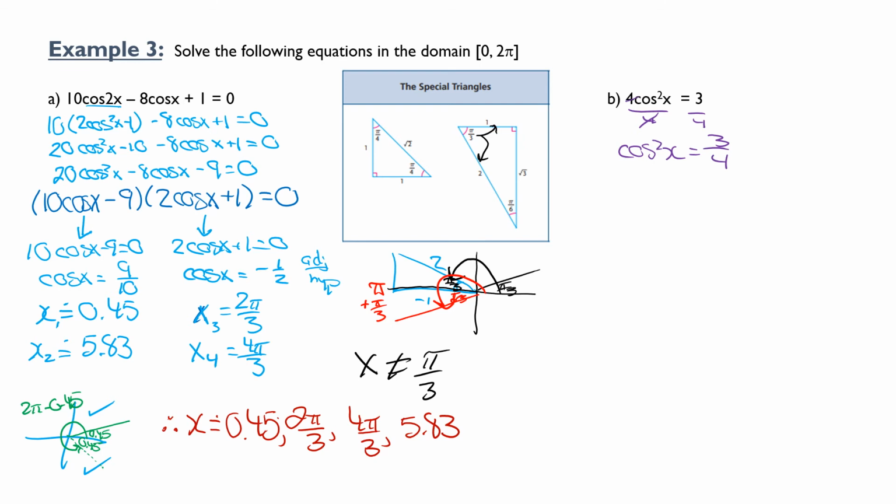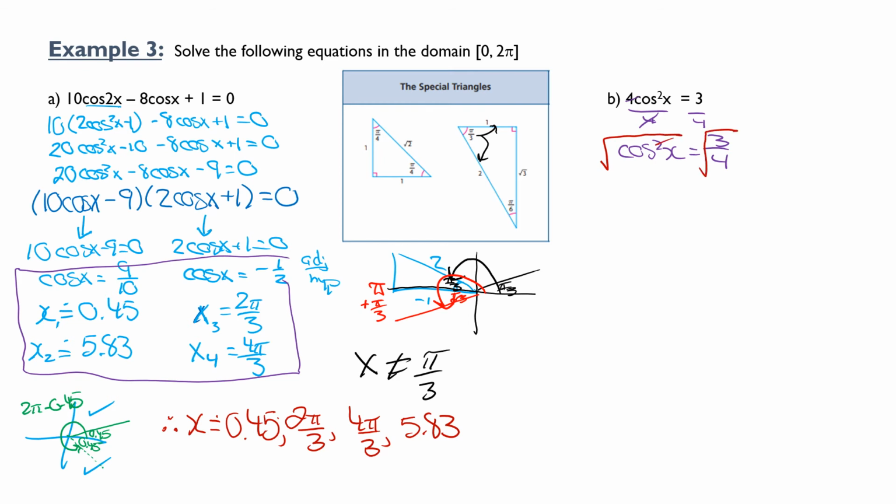Okay, but I need cos x in order to do all this kind of work that we see here. We need a single angle and not a squared function. So how am I going to get rid of a power of 2? Well, you know this already. To get rid of a power of 2, we square root. I'm going to square root this side, and I'm going to square root this side.